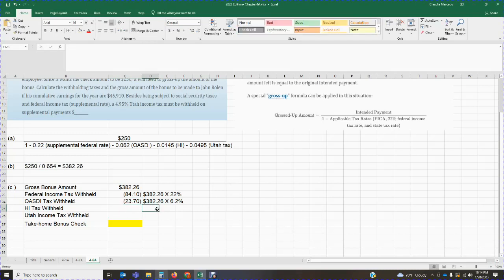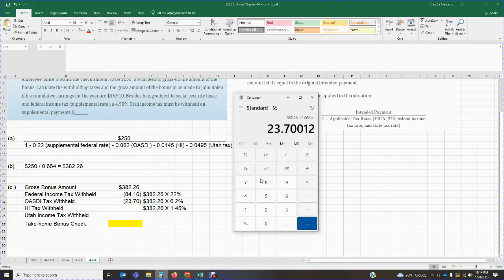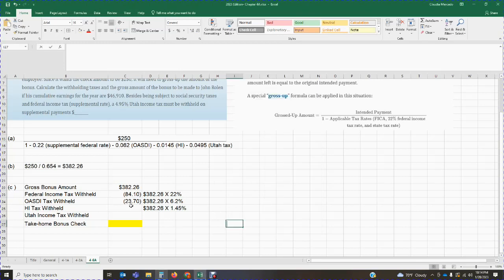Now for your HI, we're going to get our 382.26 times my HI rate of 1.45%. That gives me 5.542. That third digit is a 2, so I'm going to keep it at 5.54.